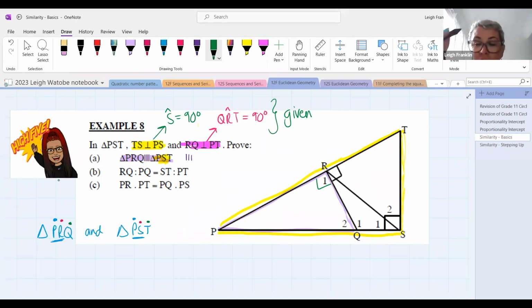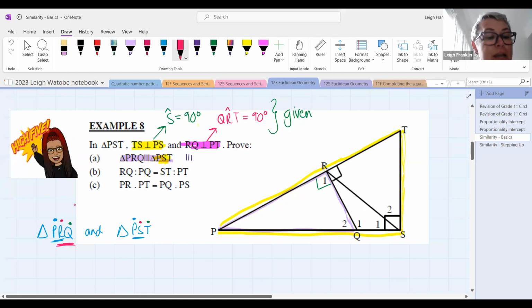All right, and the reason that this is important is because then the corresponding sides will also be in the correct order. Now the sides correspond as follows, right? The first two letters, which make up side PR in the first triangle, corresponds with side PS in the second triangle. The second two letters, R and Q together, corresponds with ST in the second triangle.